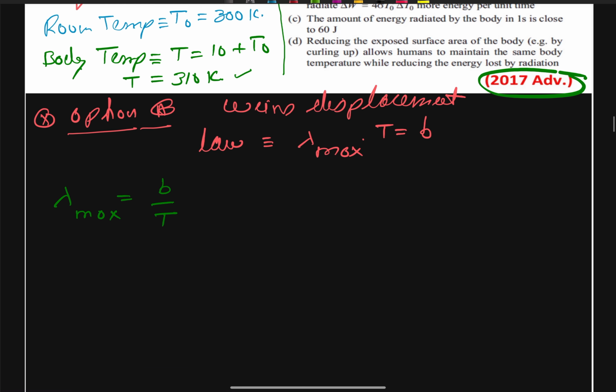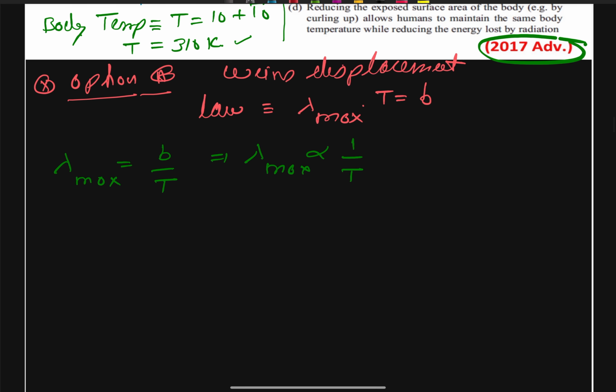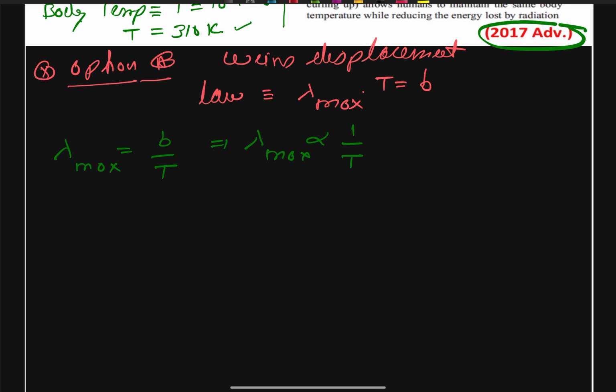Lambda max is inversely proportional to temperature T, which basically means that as the temperature increases, lambda is going to decrease.